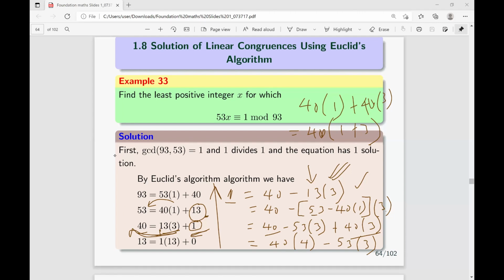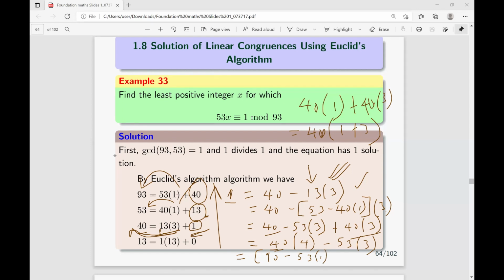Now I had replaced my remainder 13. So now I replace my remainder 40. Where it is, I replace it. So I have it here, 40. I have it there, but its equivalent, I take it on the other side. Its equivalent is 93 minus 53 times 1.